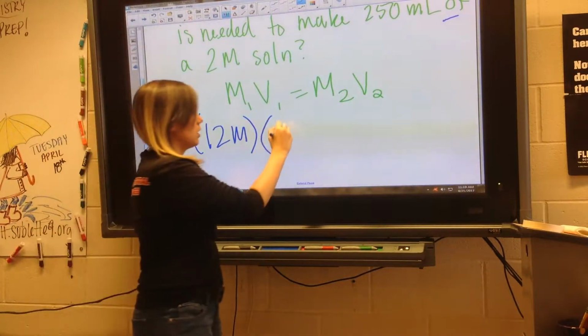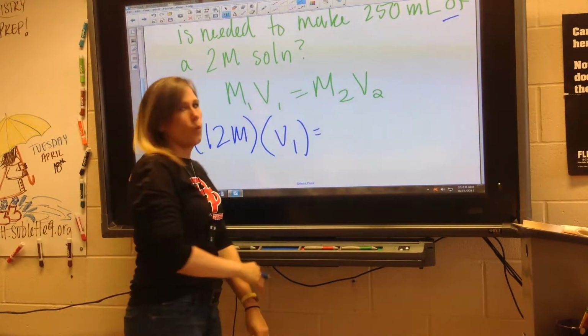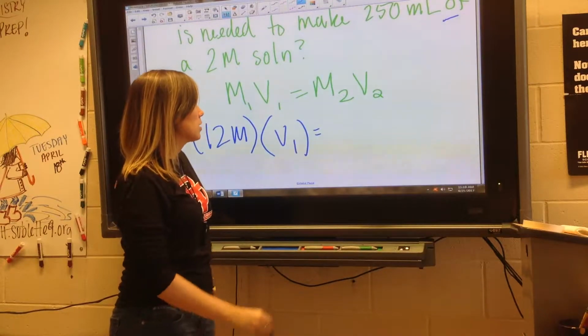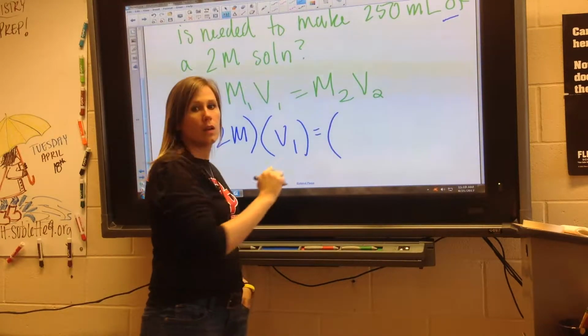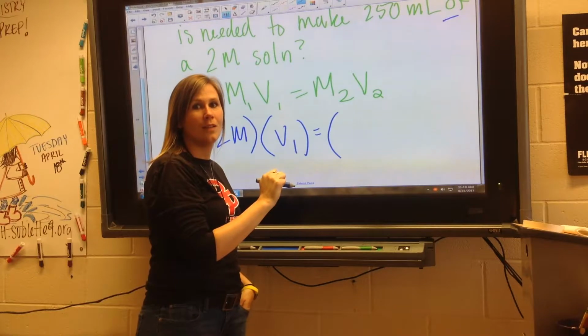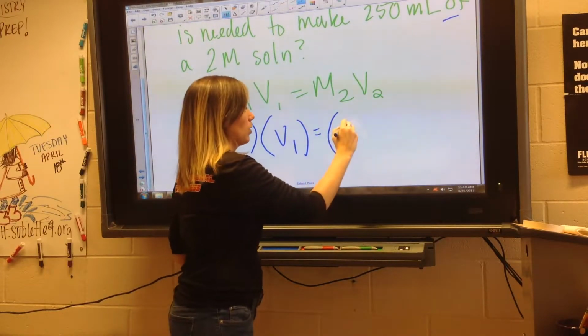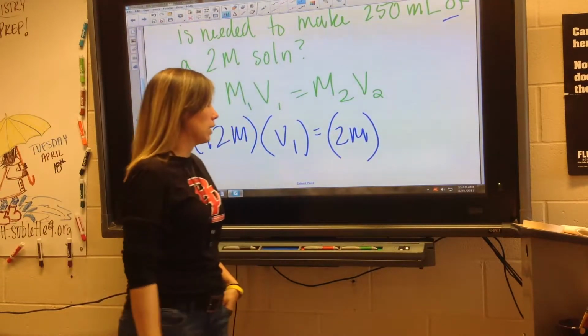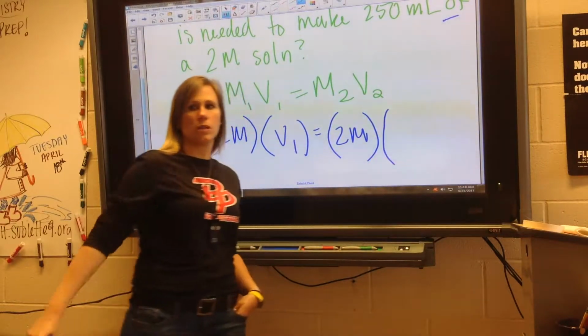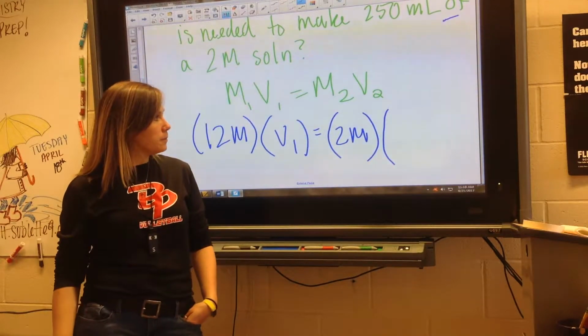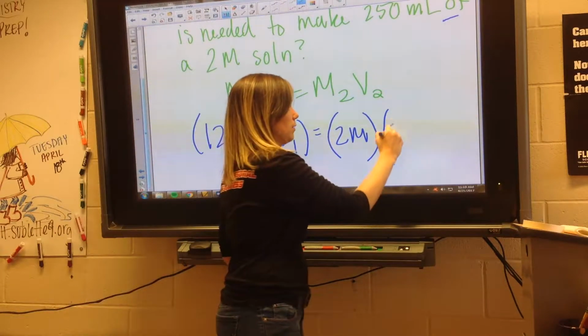No, so that's going to be our factor that we're solving for. What's our M2, Ivan? 2 molar, right? What we're going to be trying to make. We're going to be diluting it to 2 molar. And how much of that 2 molar solution do we need, Vicente? Good, 250 milliliters.